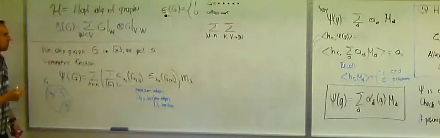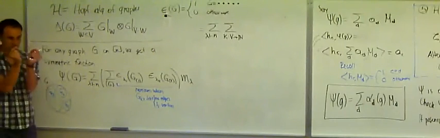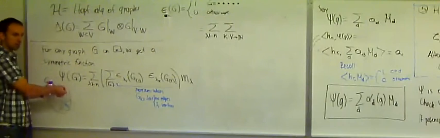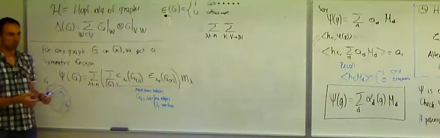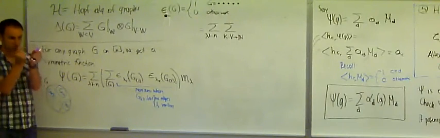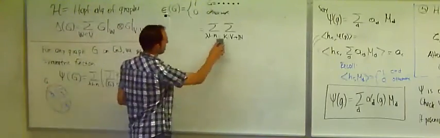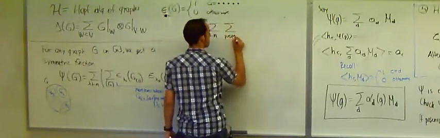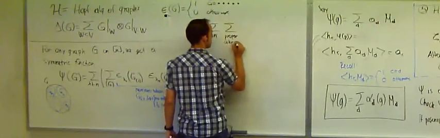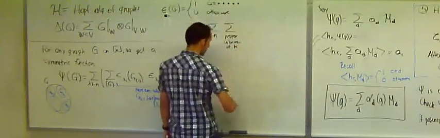What do these colorings have to satisfy? Well, if you have two vertices of the same color, then they can't be connected by an edge. You might know that this is exactly what's called a proper coloring of a graph, right? Because you never want to give two connected vertices the same color. So what we have here is precisely the proper colorings of my graph G.